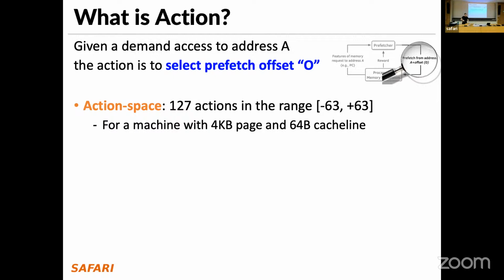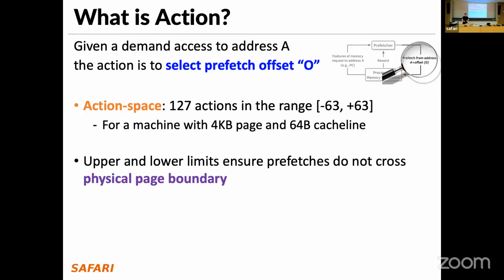But what's the action space? So what actions can we actually take? And that depends on our page size. Why does it depend on our page size? Because we don't want to cross into the next physical page. Why do we not want to do that? Let's say even if we know our program is going to exceed its current virtual page and need an address outside of that, we do not know where that virtual page lies in memory.